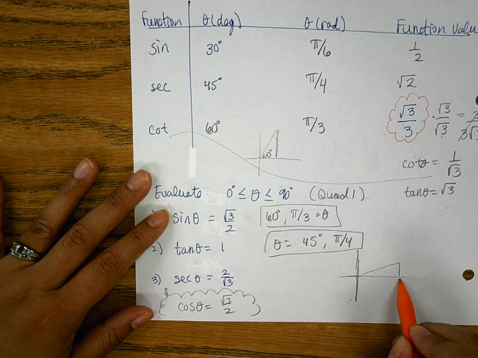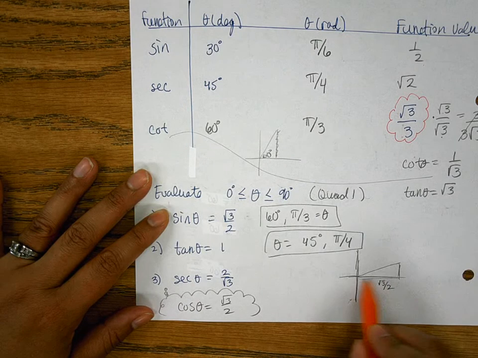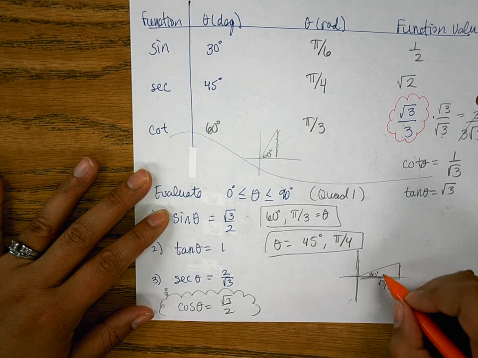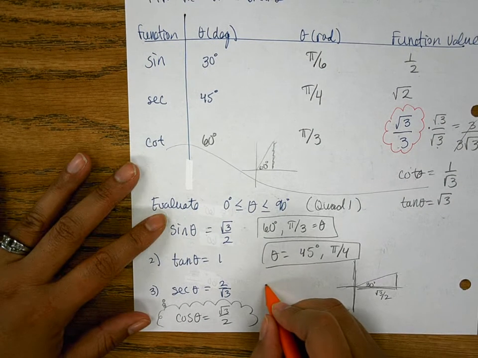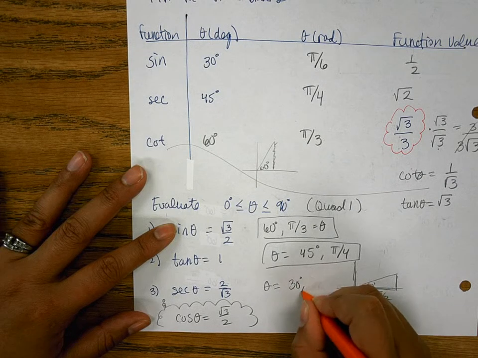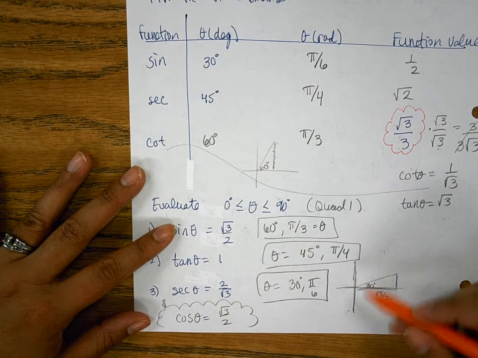My triangle would be like this. Long side, short side, because cosine is the long side, and that happens at 30 degrees. It's the 60 degrees that has the short side here and the long side there. So my answer is theta equals 30 degrees, or pi over 6.